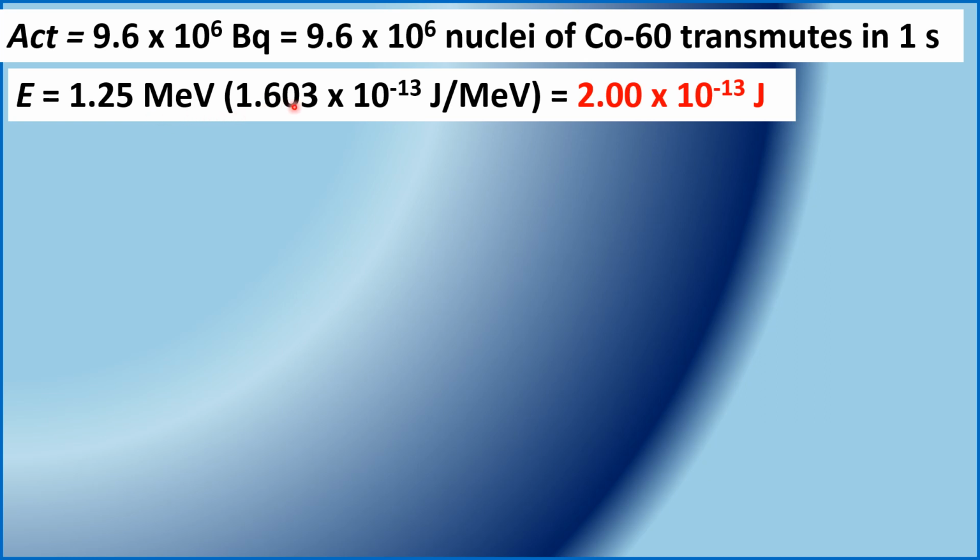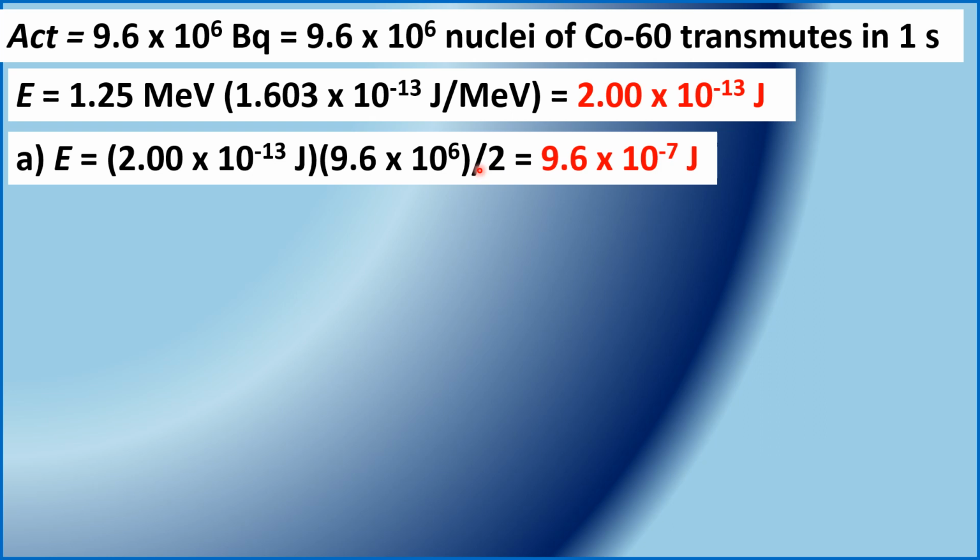We convert this to the usual unit of energy, the joule, by multiplying by the conversion factor: 1 million electron volts is equivalent to 1.603 times 10 to the negative 13 joules. So 1.25 million electron volts is equal to 2.00 times 10 to the negative 13 joules of energy.